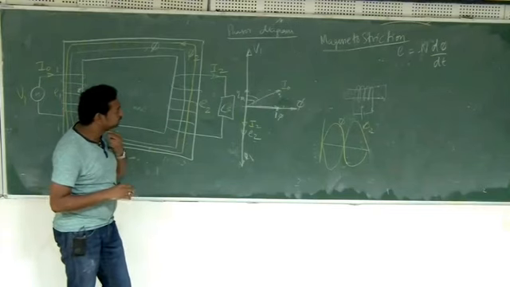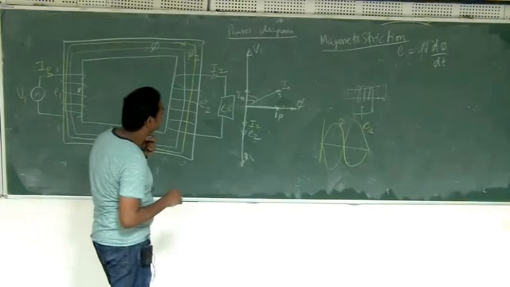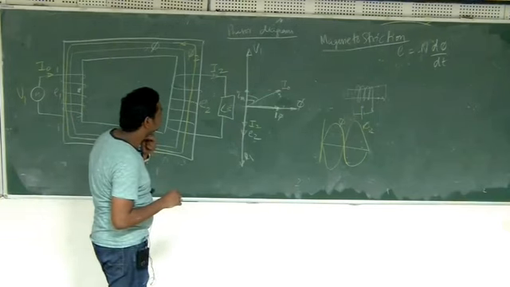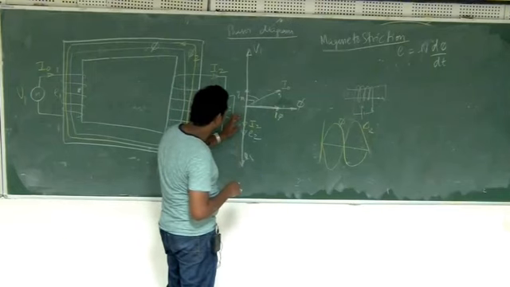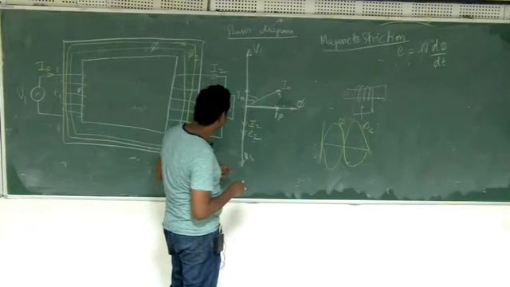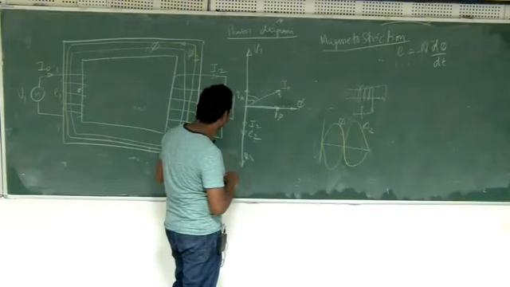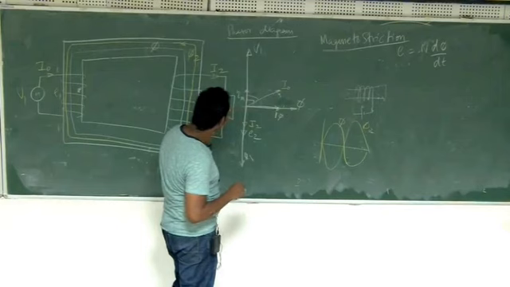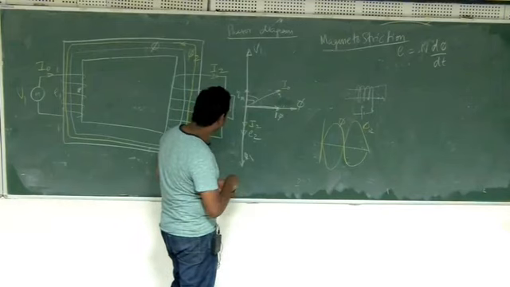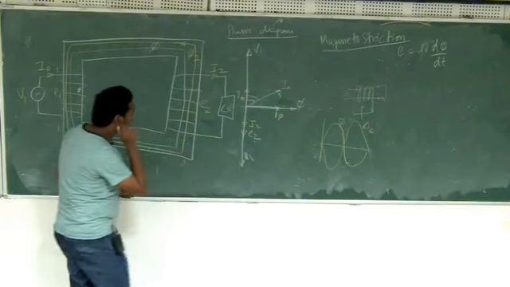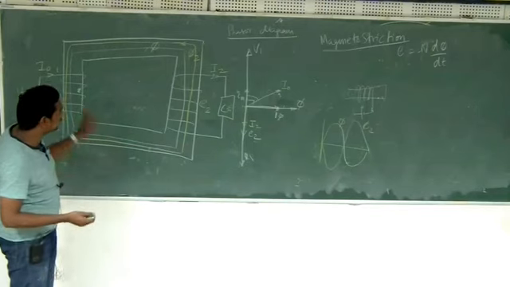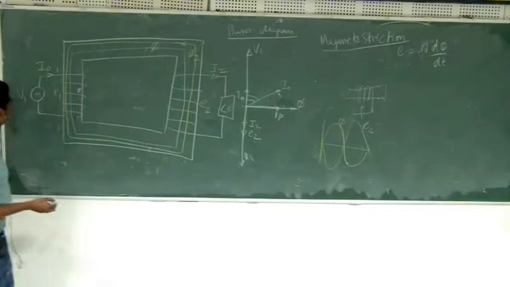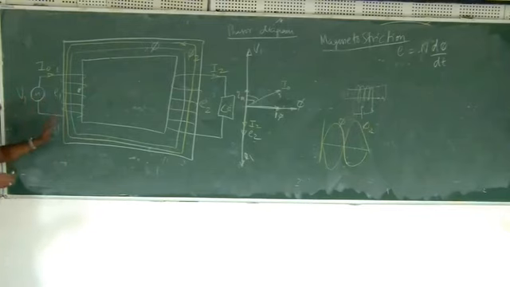Then phi2 will be here, and then E2 will be somewhere. So basically what I wanted to tell was, you don't have to worry that E1 is continuously or totally reducing.